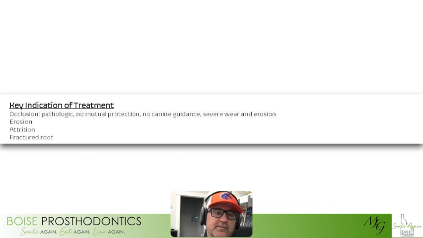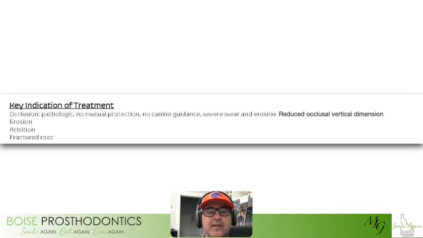So in his case, the occlusion is a huge factor. At this point, it's pathologic. There's no mutual protection. There's no canine guidance. There's severe wear and erosion. There is a reduced vertical dimension. And then factors that will affect our success are: where's that erosion coming from? Where's that attrition coming from? And there's that fractured tooth.